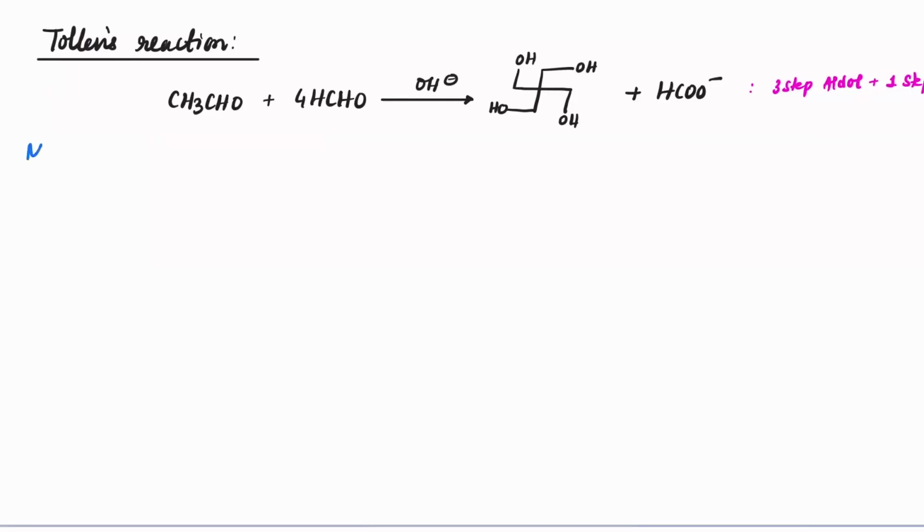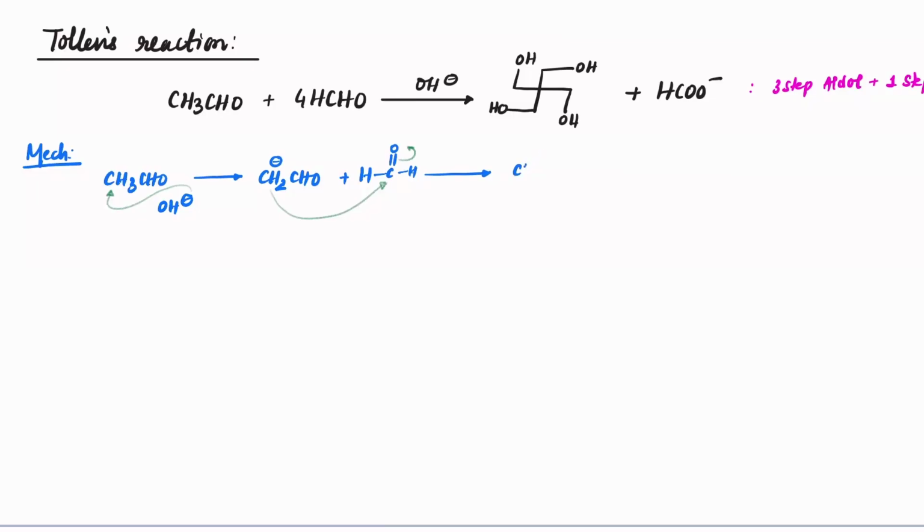So first, you can notice CH3CHO, as you react with OH minus, this OH minus will create an enolate ion here first. So you'll get CH2 minus and CHO. And when you react with HCHO, H-C=O-H here, this minus will go attack here. So this is a typical aldol reaction.